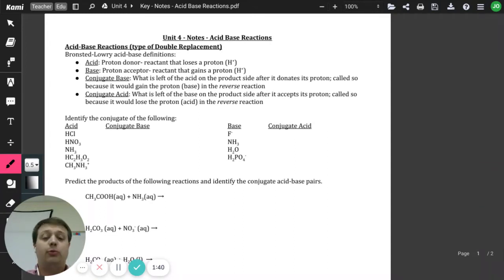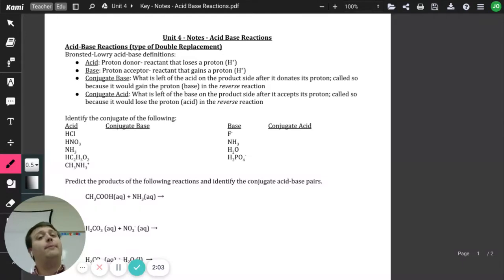Now, a part of this is we're going to have these things called conjugate acids and conjugate bases. Essentially, a conjugate base is what is left of the acid on the product side after it donates the proton. Acids, remember, donate a proton, so it's giving away this proton.